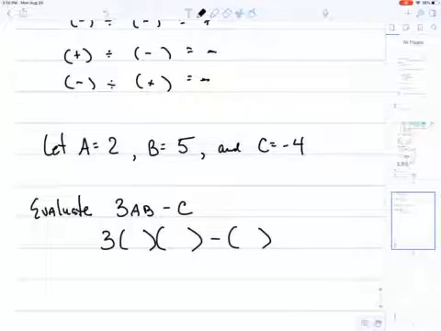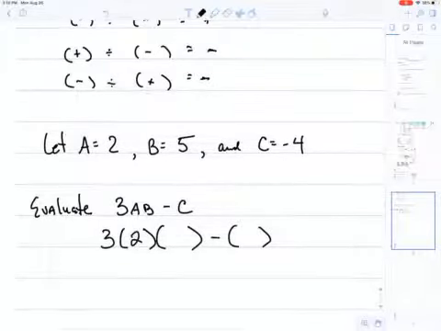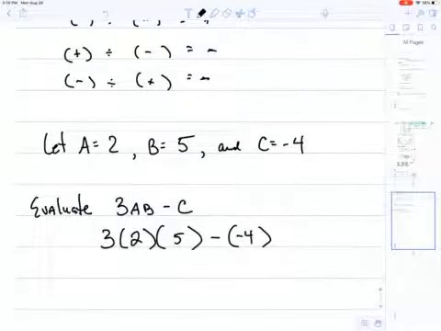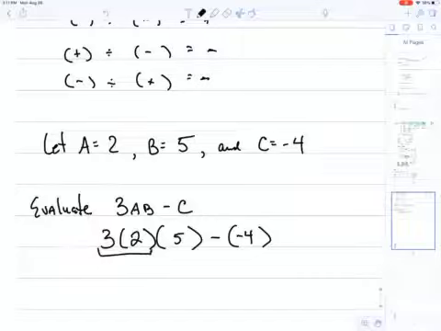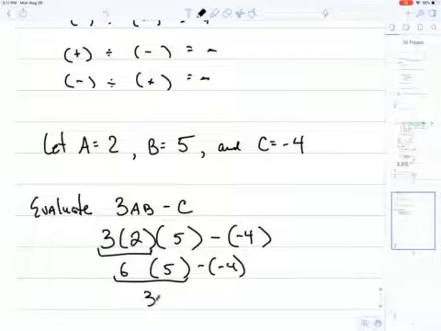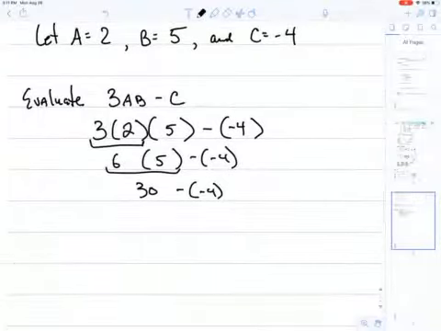Instead of A, B, and C, I'm going to replace them with the numbers 2, 5, and -4, exactly like it told me to. Now I follow my order of operations. I see multiplication here, times 5 minus -4. I see multiplication again, minus -4. I rewrite the steps every time.